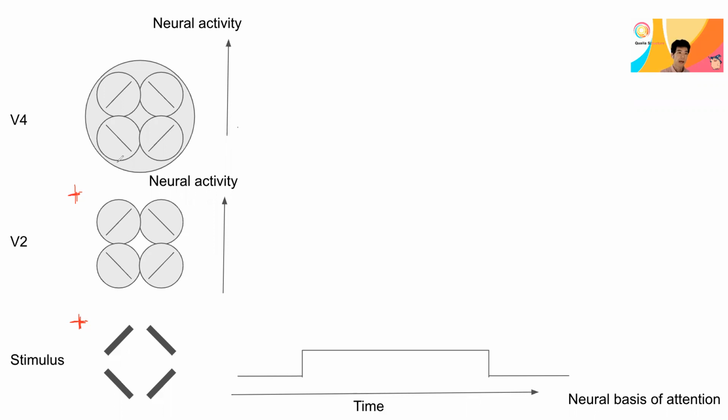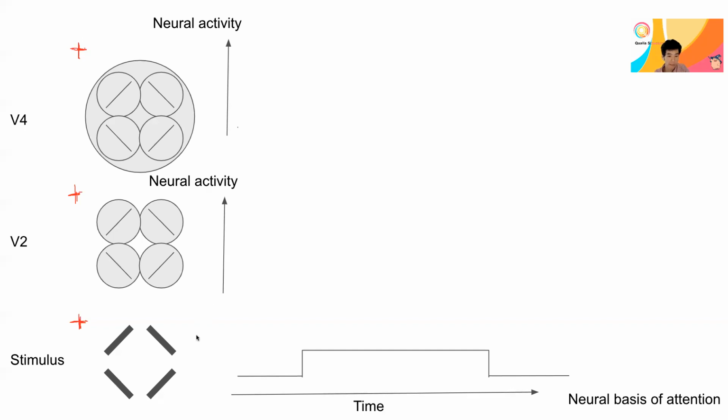And maybe in V4, there are neurons that receive the input from each of the respective V2 neurons, but eventually form some kind of response to the square at that location. That's the forward input kind of connectivity, hypothetically.